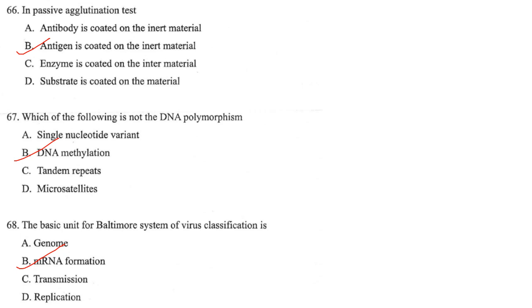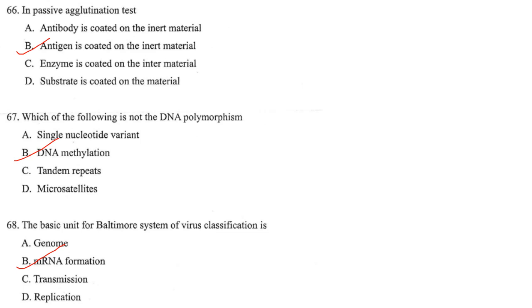So the most common type of variation is single nucleotide variant or single nucleotide polymorphism. Then you have RFLPs, then you have variable number of tandem repeats, VNTRs, microsatellites. All these are DNA polymorphisms. So DNA methylation is not a DNA polymorphism.